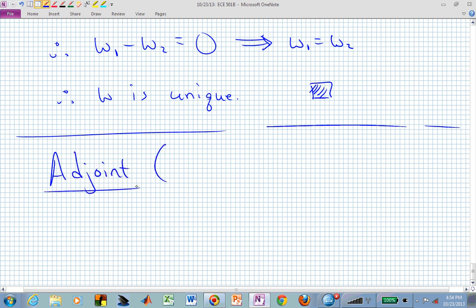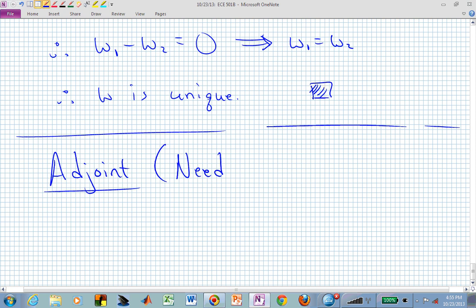In order to play with this, an adjoint is actually a mapping. And to make it as general as possible, let's make that mapping not just an operator, meaning it's not going to map from one space back to itself. Let's make it map between two different spaces, two different inner product spaces.